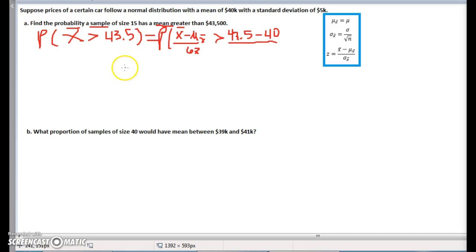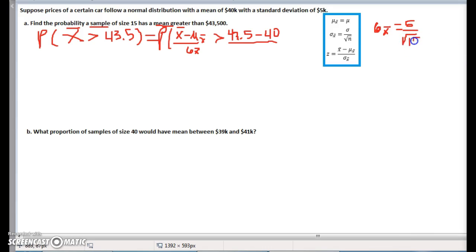So let's just do that over to the side here. So sigma sub x bar, sorry, my sigmas tend to look like sixes, equals sigma, right? So sigma is 5 in this circumstance. 5 divided by square root of our sample size. So our sample size is 15.